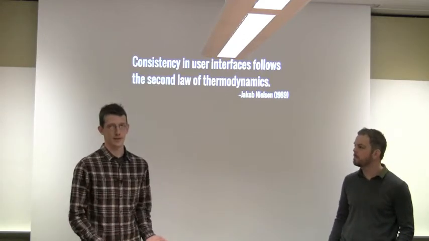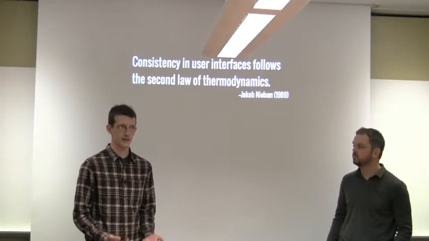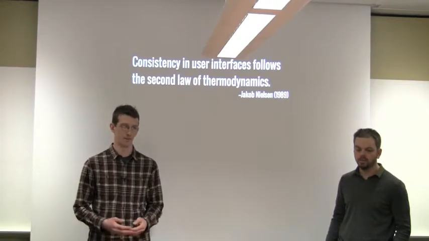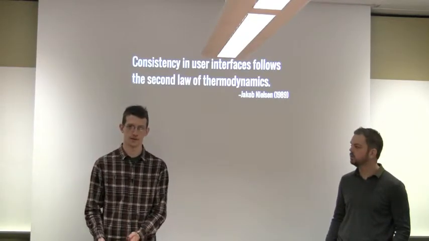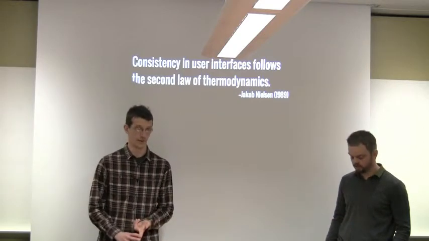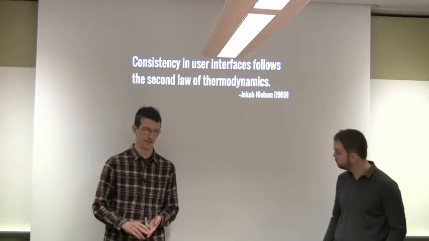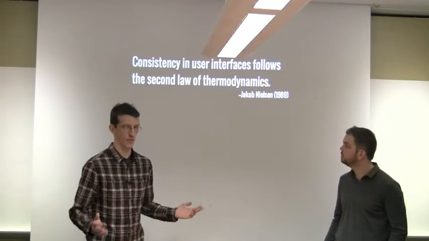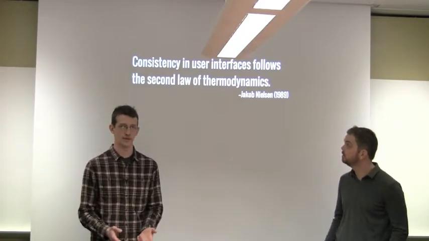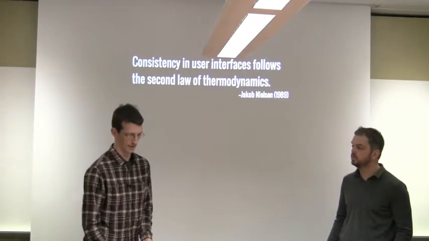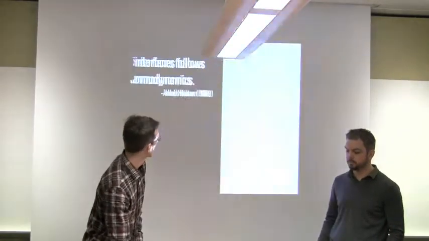So something needs to be done about this because consistency in user interfaces has been widely touted as a major factor in usability. Obviously that ties to profits in a lot of industries. And it's growing to be a bigger and a bigger deal as many more people contribute to user interfaces and tools.